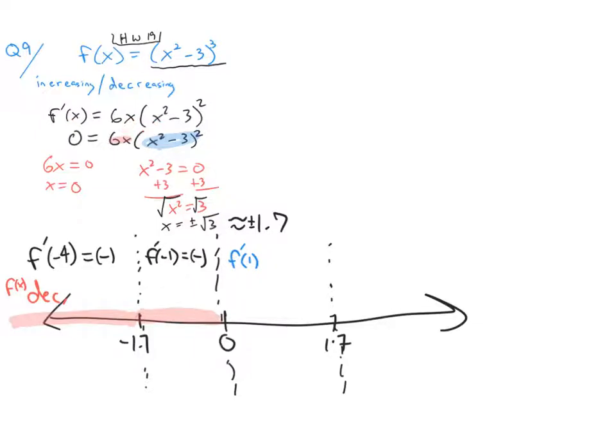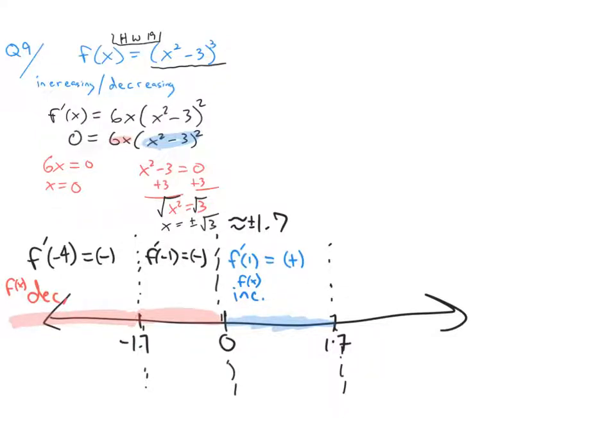Plug that into your calculator, and what you're going to see is you get a positive 24. I don't care what the number is. It's positive. So the positive, I'll just shade in blue here. That interval, what's in blue, is going to represent where f of x, the original function, is increasing.